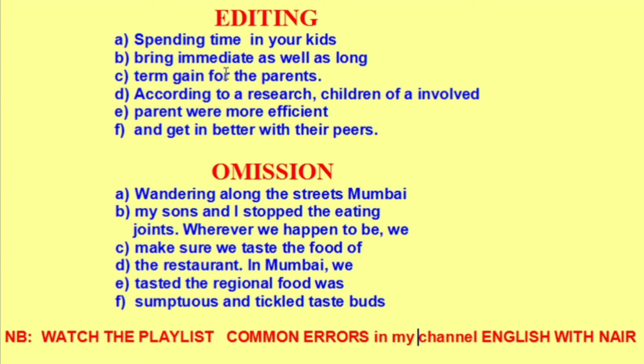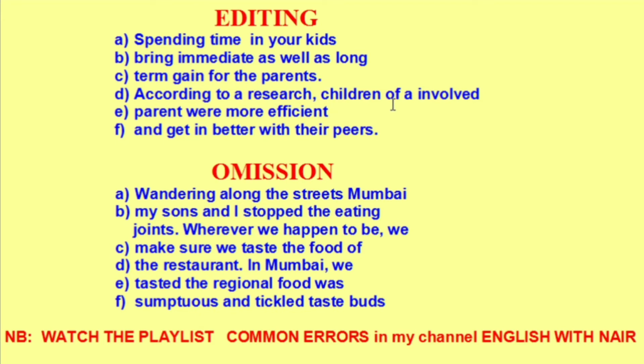Once again, wrong use of preposition, gain to. So the error is, instead of for, there should be to. Once again, let us go through the complete sentence: spending time with your kids brings immediate as well as long-term gain to the parents. So three errors: with, brings, and to.